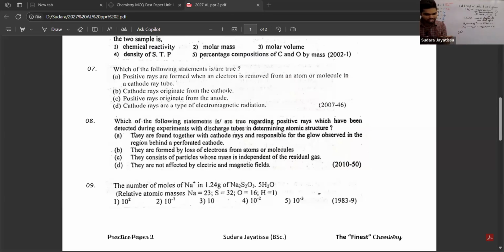So what about the last statement? They are not affected by electrical and magnetic fields. Telling that they are not affected is wrong. Anode rays are charged. Anode rays have a charge. If you want to be more precise, you can say anode rays have a positive charge.